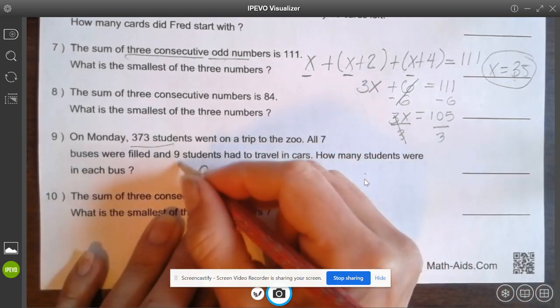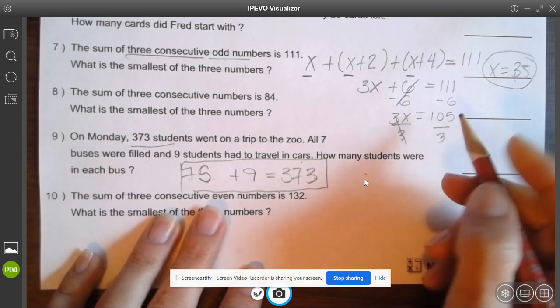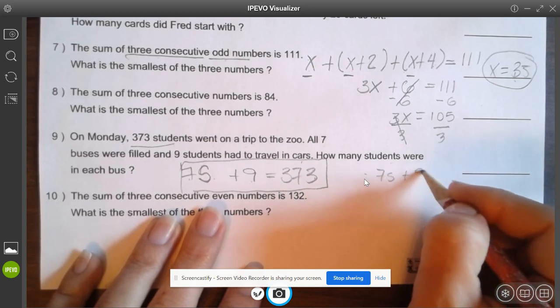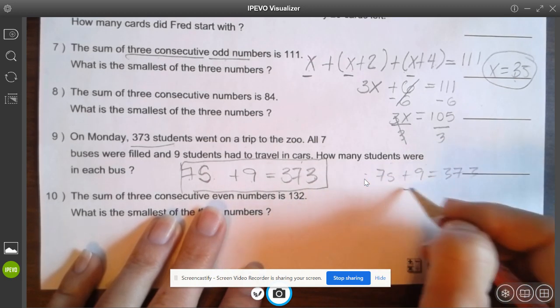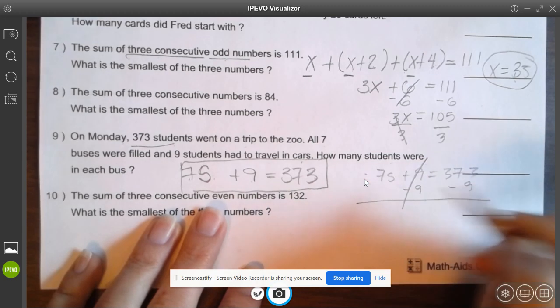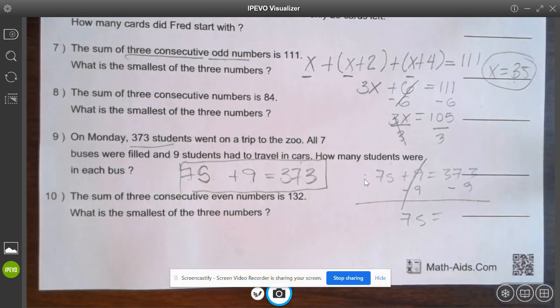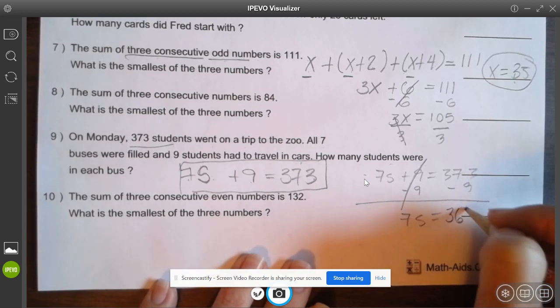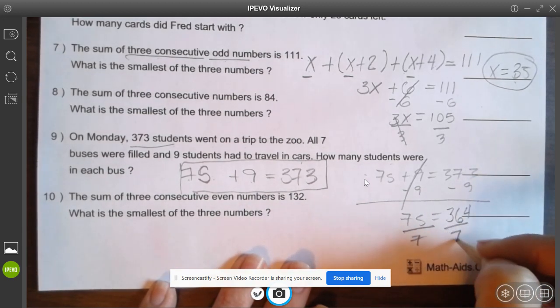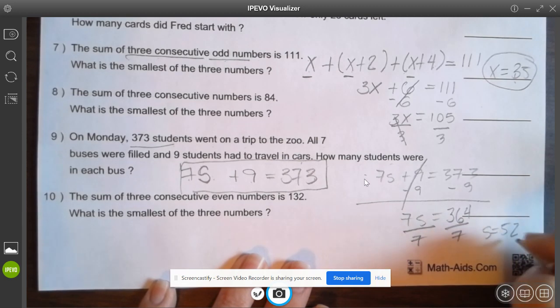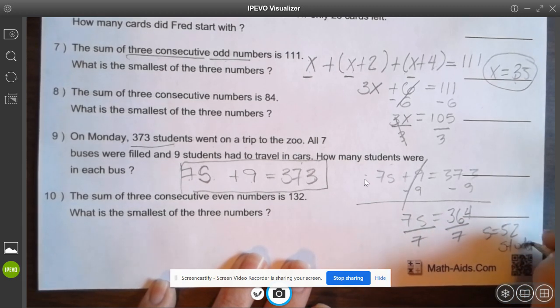So that's my first step, which is writing the equation, and then I'm solving. 7s plus 9 equals 373, minus 9 that goes away, and then 7s equals, let's see, I'm using my calculator, 373 minus 9 is 364, and then I divide by 7, and s equals 52 students, right?